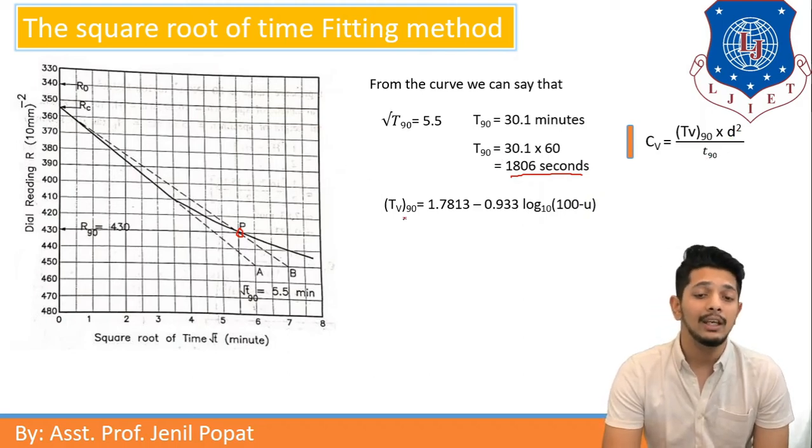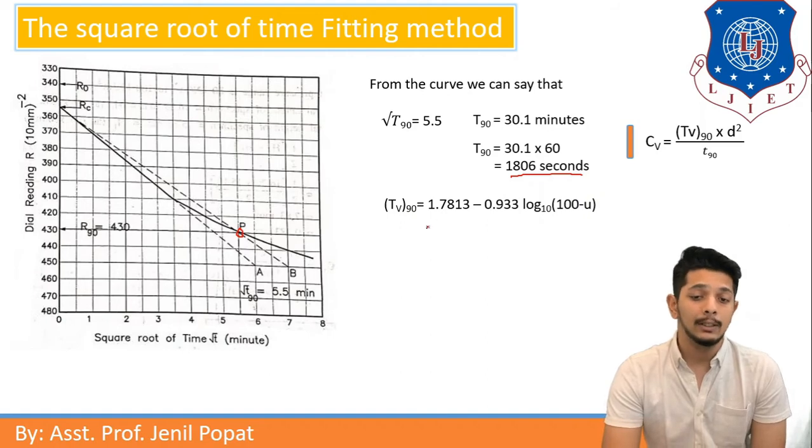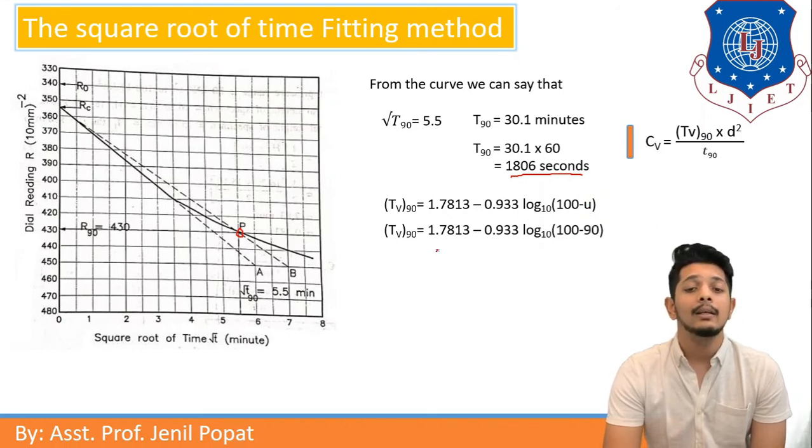For TV90 as time factor, we have to use the formula for U greater than 60%, as 90%. So here I am putting U value as 90 and I am getting the answer as TV of 0.848.